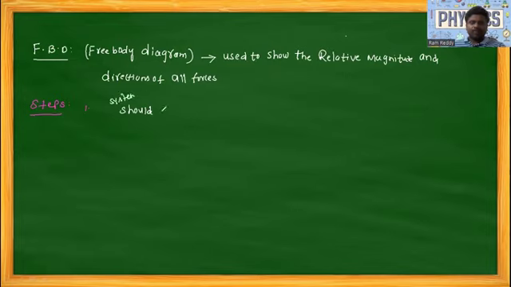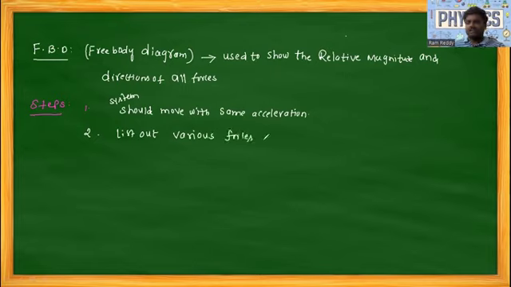Then the second step is to list out the various forces: the contact force, frictional force, tensional force, gravitational force, which are acting on the system.